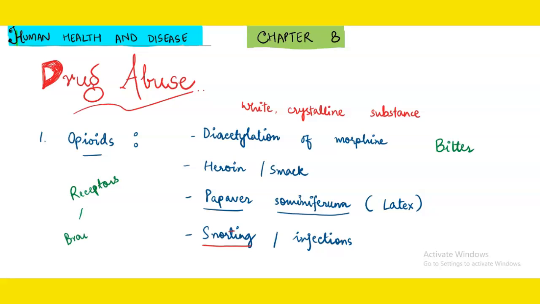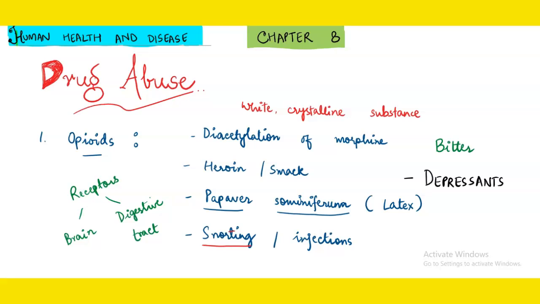Receptors for opioids are located in the brain and even in the digestive tract. This is important to learn. Another important thing is that they are depressants. Depressants means they lower the activity of the body if consumed.